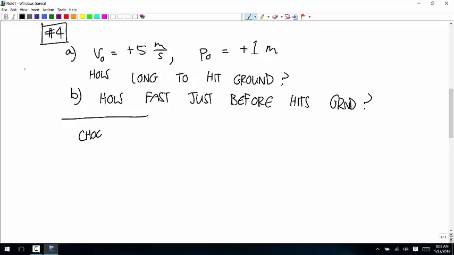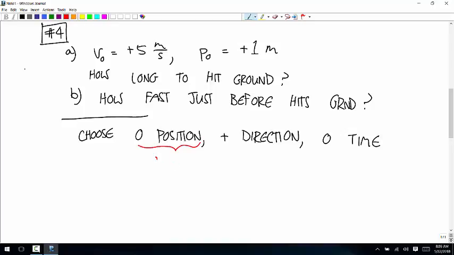First, choose your 0 position, positive direction, and your 0 time. For the 0 position, I usually just choose the ground or the lowest point in the problem. You don't have to do that.